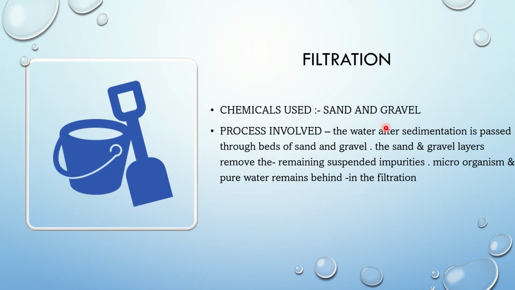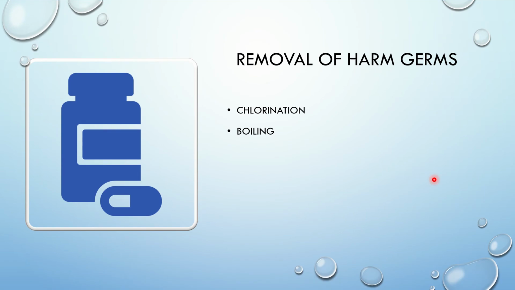Filtration, as I told you, uses sand and gravel. The water after sedimentation is passed through beds of sand and gravel. The sand and gravel layers remove the remaining suspended impurities and microorganisms, and pure water remains behind in the filtration.